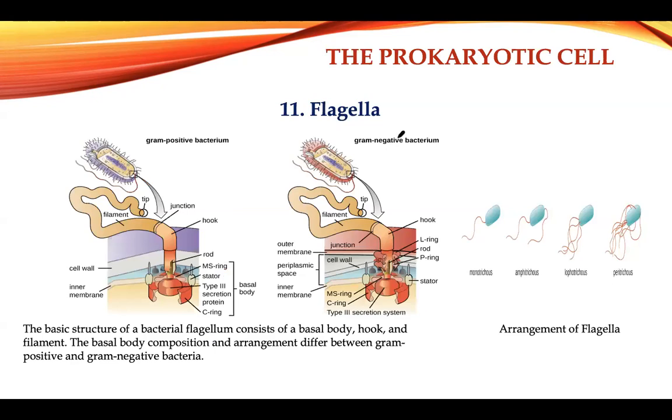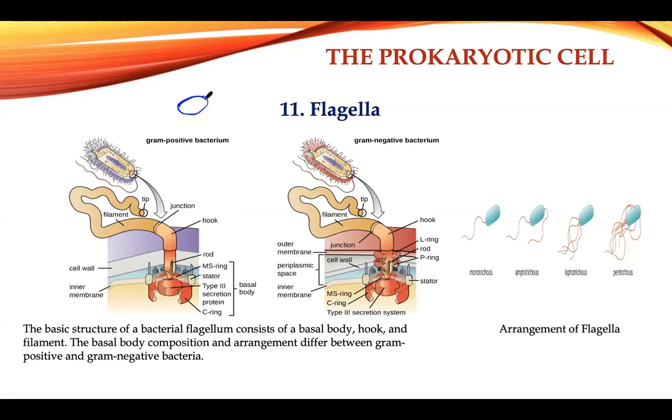Flagella, prokaryotic flagella, it has very characteristic features. It has three fundamental structures. One is called the basal body. The basal body remains attached with the plasma membrane. So this is the cell.